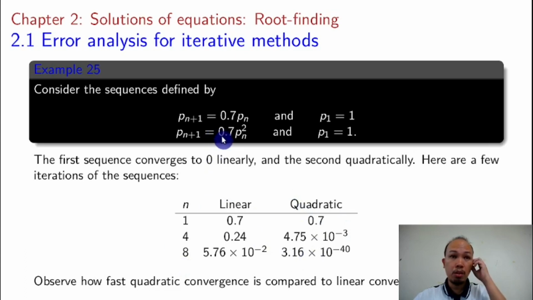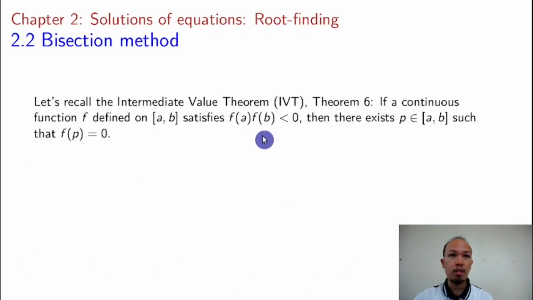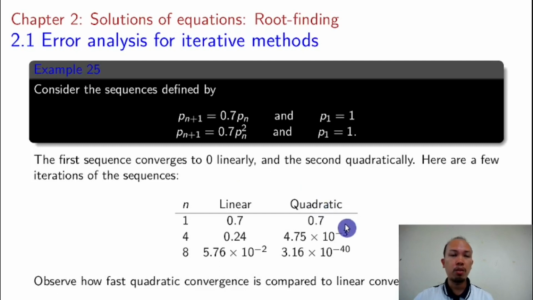So if you substitute for some values of n, okay, this is for the next topic. We have the bisection method. This is it for now for part 1, and this is for part 2.